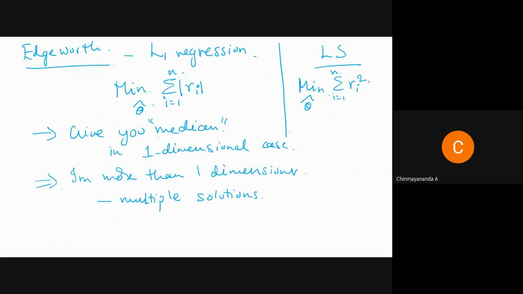If you don't understand what this median is, you will have a doubt now, so I will clarify this later. Roughly it will give you a sort of median. But if you go to more than one dimension, it will have multiple solutions, which means you don't get a unique solution like you get in the one-dimensional case.